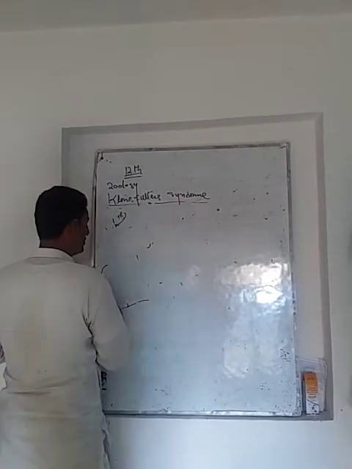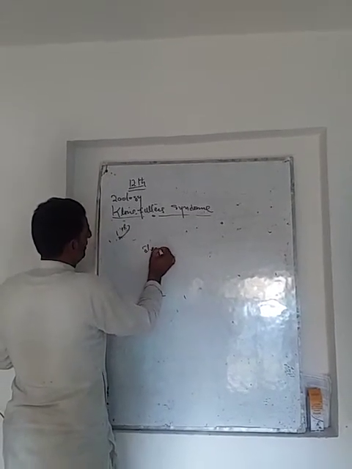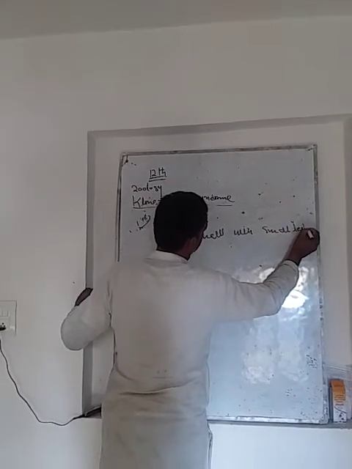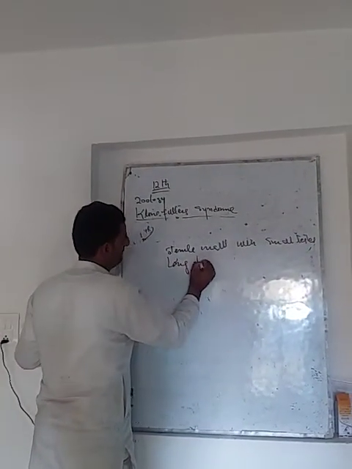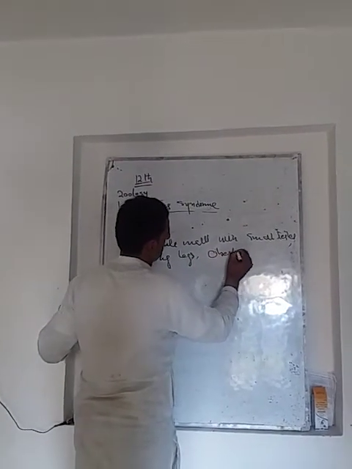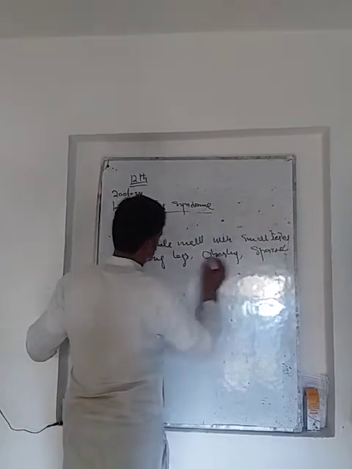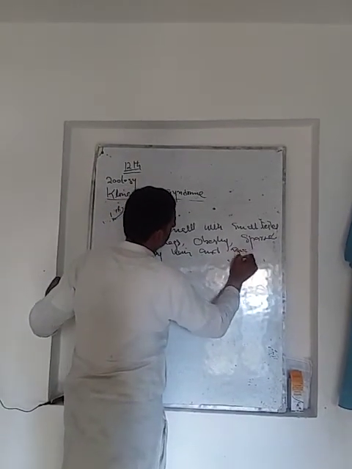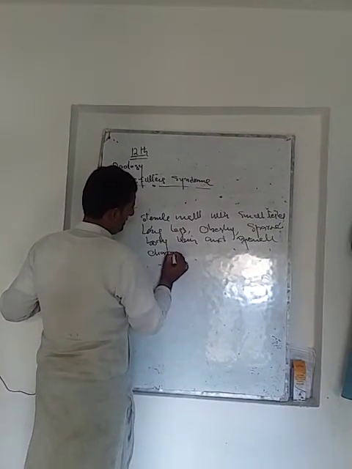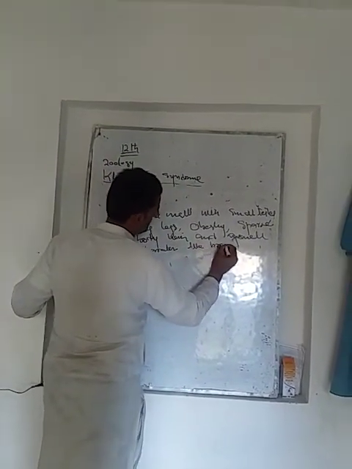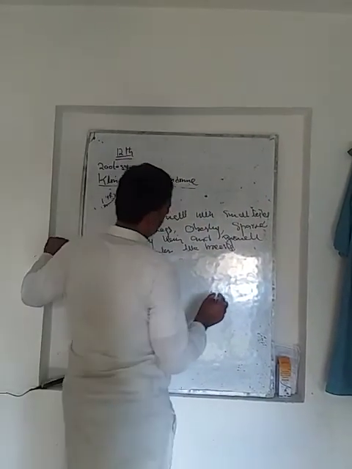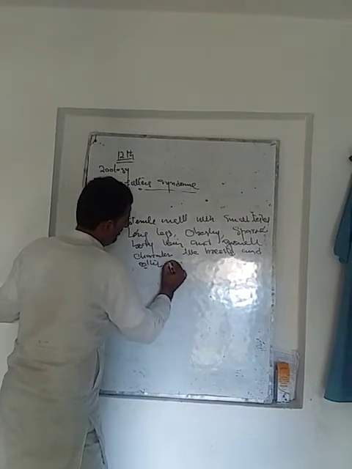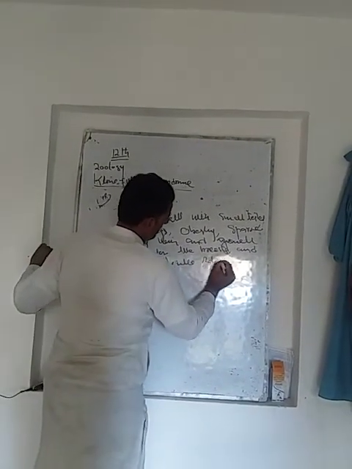The individual having Klinefelter syndrome is a sterile male with small testes, long legs, obesity, sparse body hair, and female characters like breasts, and some other female related characters.